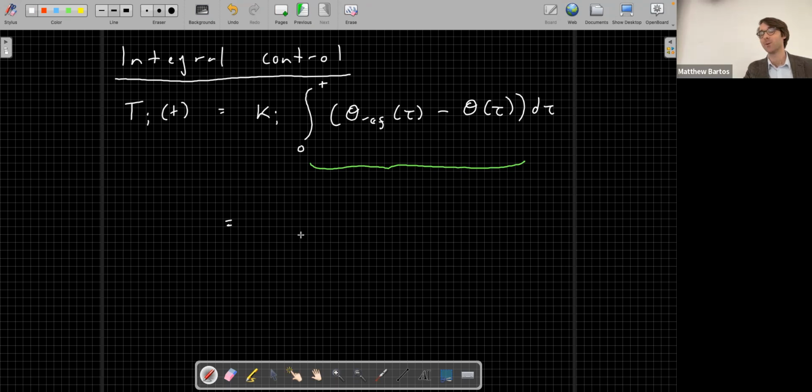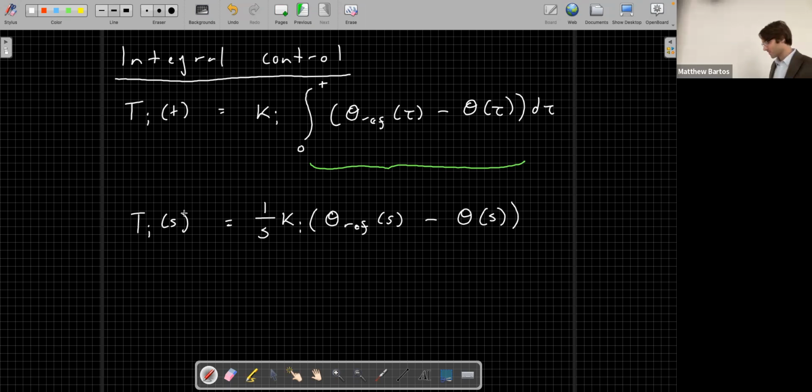If we take the Laplace transform of an integral, what does it turn into? Yes. We end up with 1 over s times Ki times the quantity theta ref of s minus theta of s. It's equal to Ti of s.